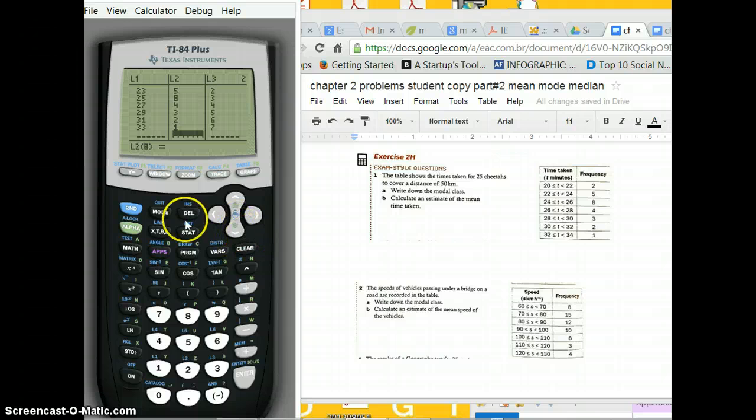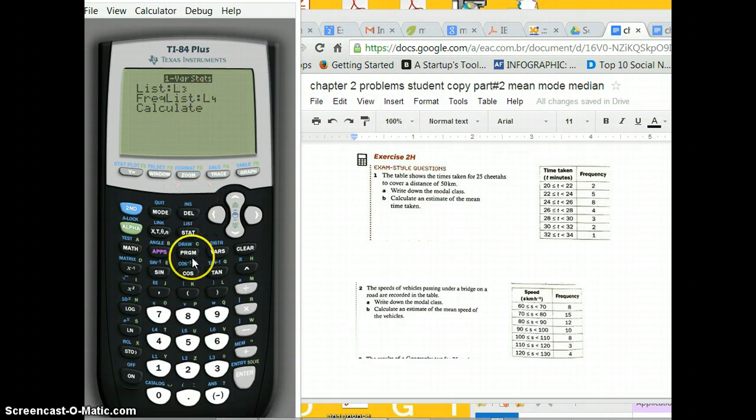Okay, so now I'm going to do Stat, Calculate, One-Var Stats, and the first column, which is the list itself, is going to be, oops, sorry about that, it's L1 actually, so I do 2nd L1, and then the frequency list is in L2, because remember I cleared out those two and used those.